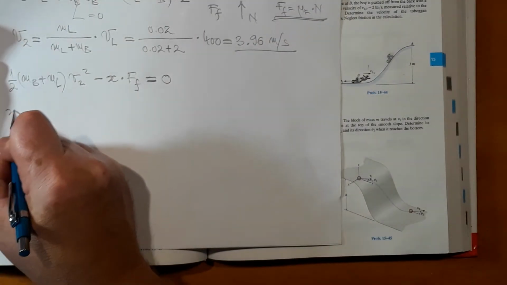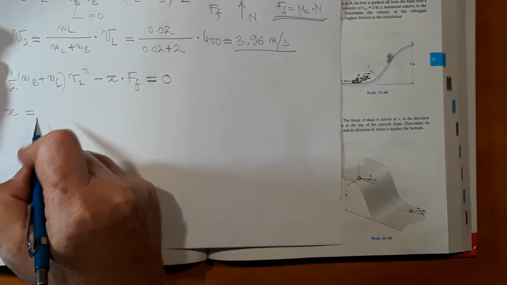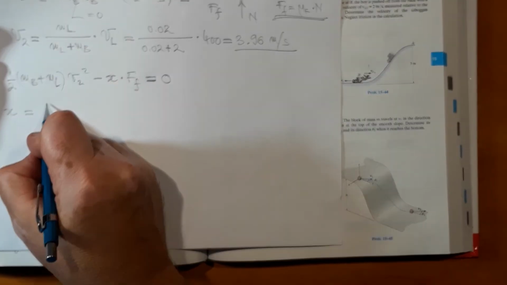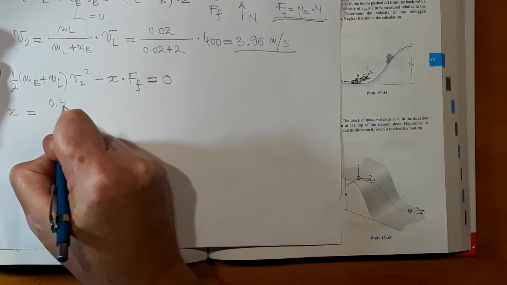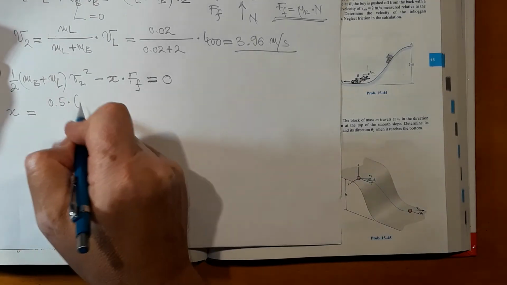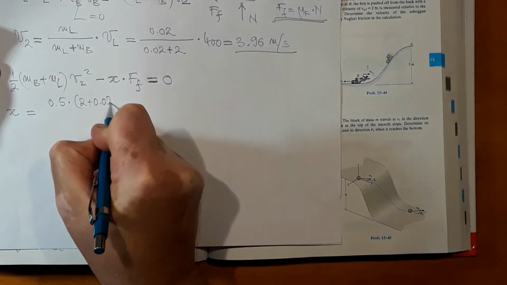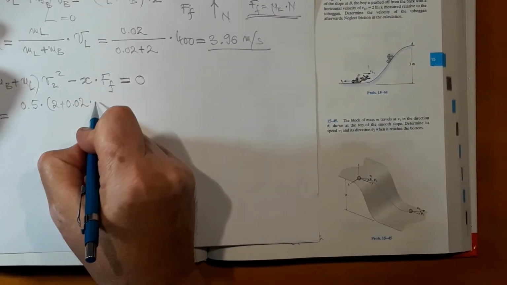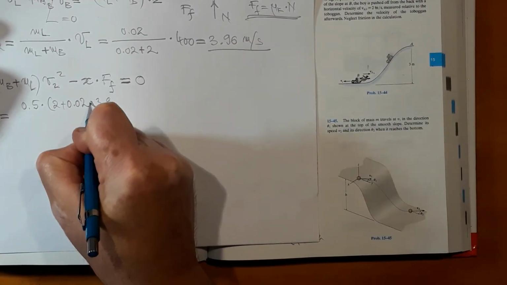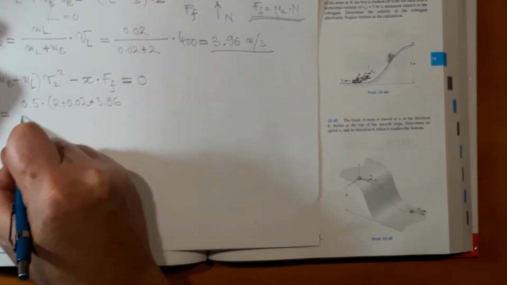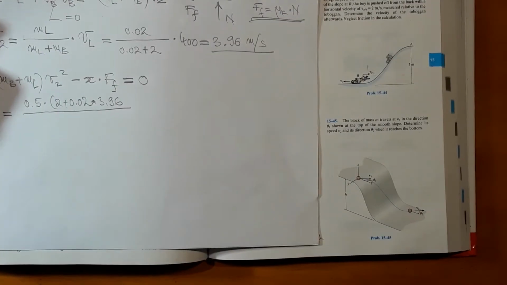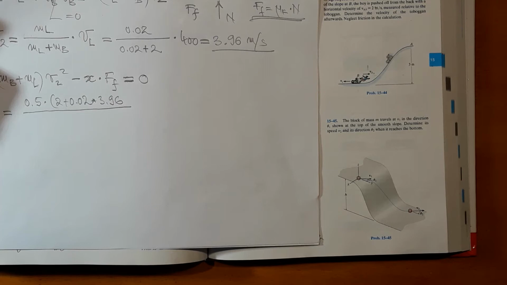Okay, so distance to a stop is going to be, let me use 0.5 instead of 1 over 2, 0.5 mass of the, that will be 2 plus 0.02 times this 3.96 divided by the friction force.